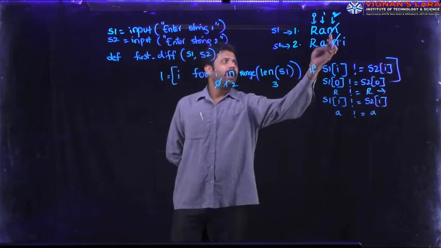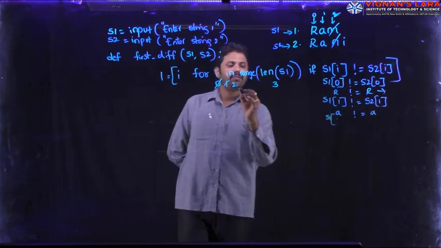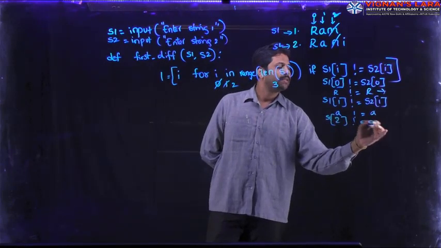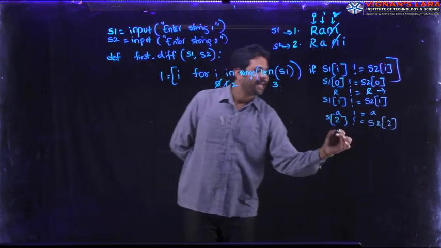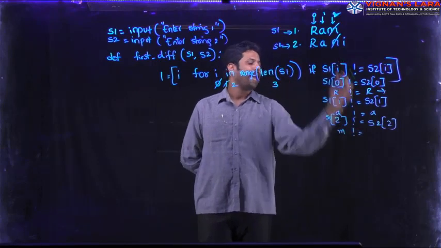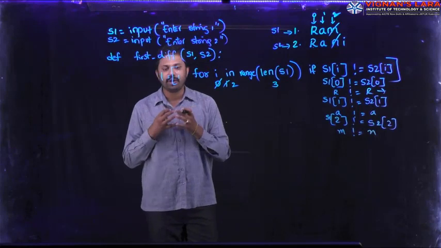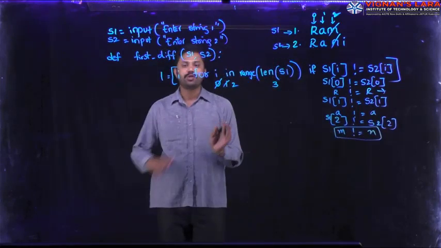Here S1 of 2 not equals to S2 of 2? What is S1 of 2? S1 of 2 is M, and S2 of 2 is N. M not equals to N. Yes, the condition is true.